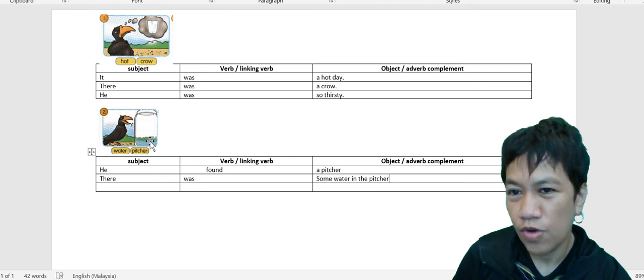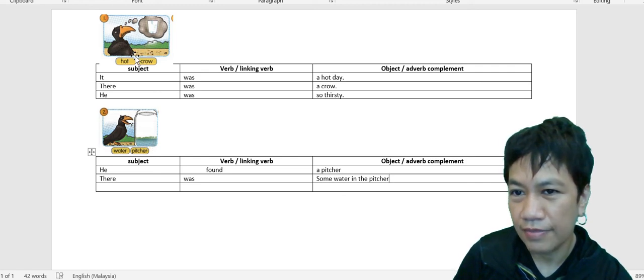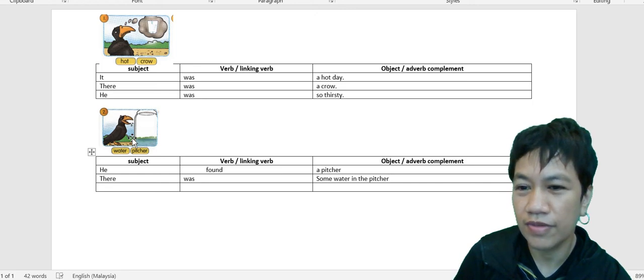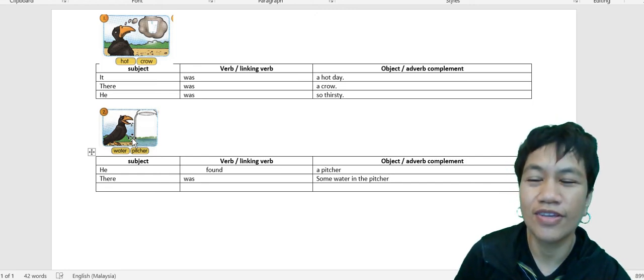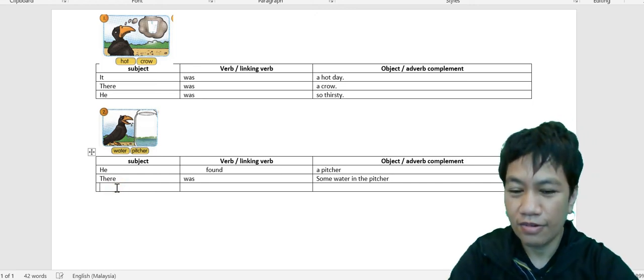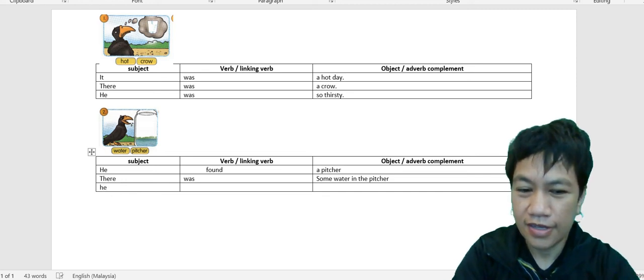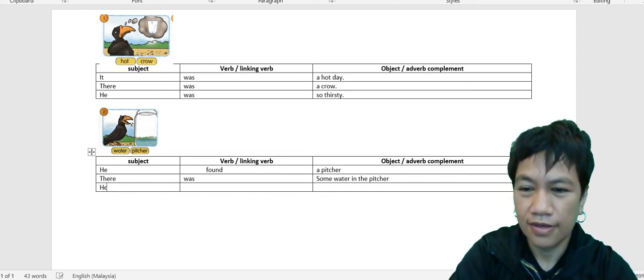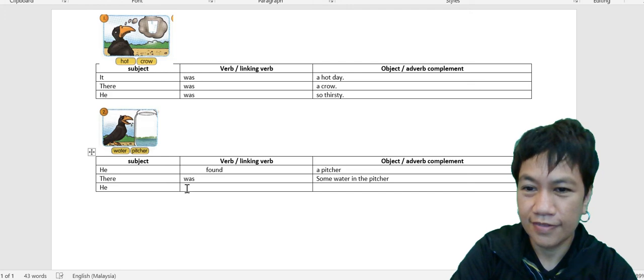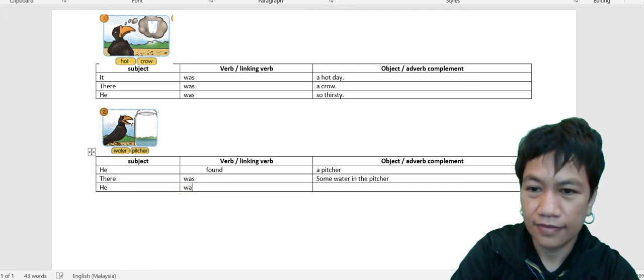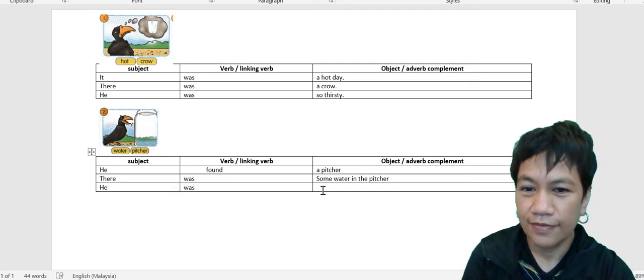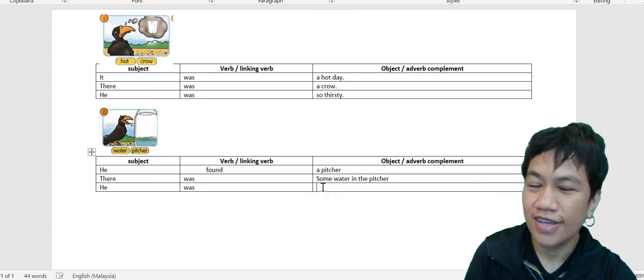So if there is water, the first time he was so thirsty. So if he found water, he probably felt happy, right? Or excited. So the crow, he was happy or excited?